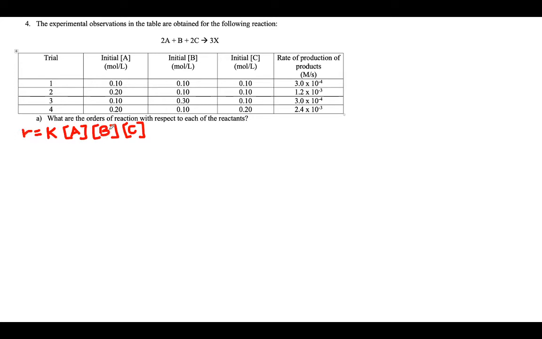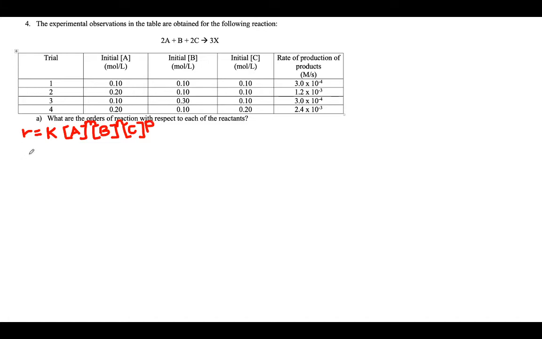So in order for us to figure out how these are different, we have to find the value of the exponent that comes with this. So I'm going to right now write this as a letter. So A to the power of M, B is going to get to the power of N, C is going to get to the power of P.